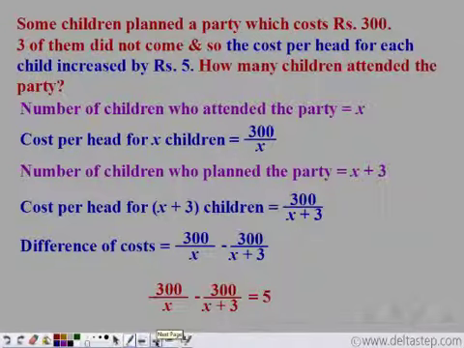Now we have got our equation. But as we can see, this is neither a linear equation nor a quadratic equation. So we do not know how to solve this equation. But let us try and simplify this and see if we can get some known form.